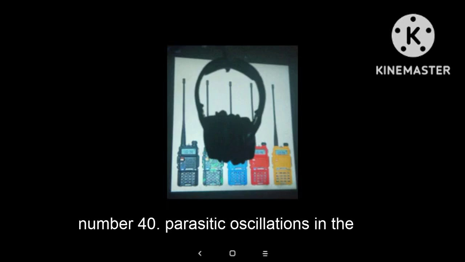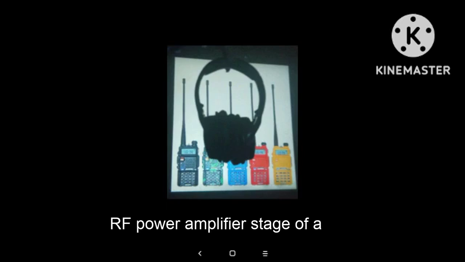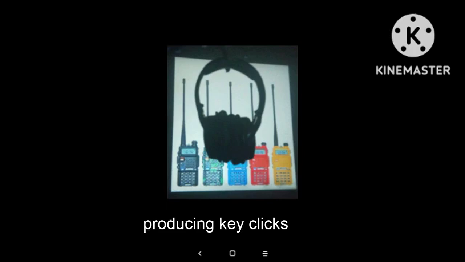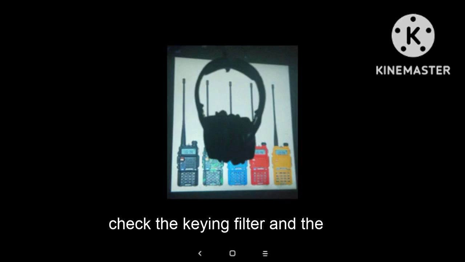Number 40. Parasitic oscillations in the RF power amplifier stage of a transmitter may be found at high or low frequencies. Number 41. What should you do if you learn that your transmitter is producing key clicks? Check the keying filter and the functioning of the later stages.